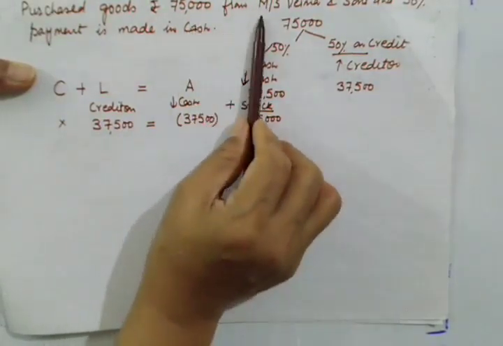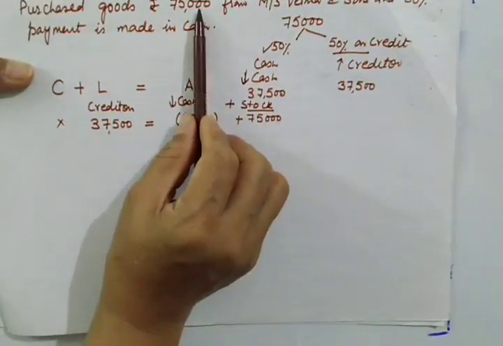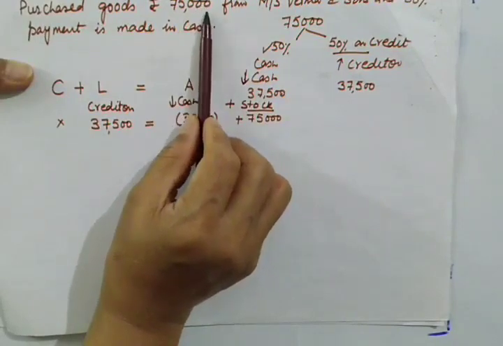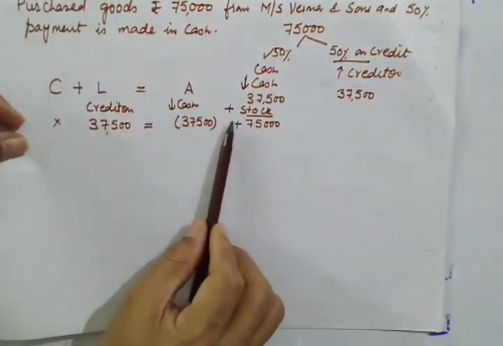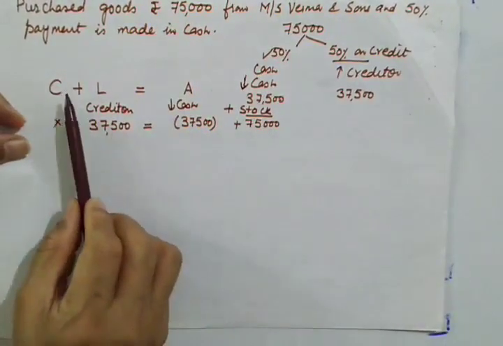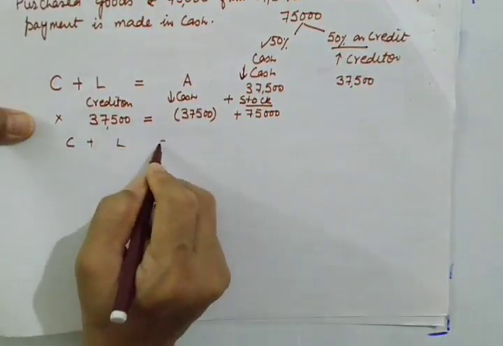You can take two separate transactions also, where one transaction is a completely cash purchase and another is a credit purchase. But I hope you will be able to understand through this example. So I am writing it again for more clarity.